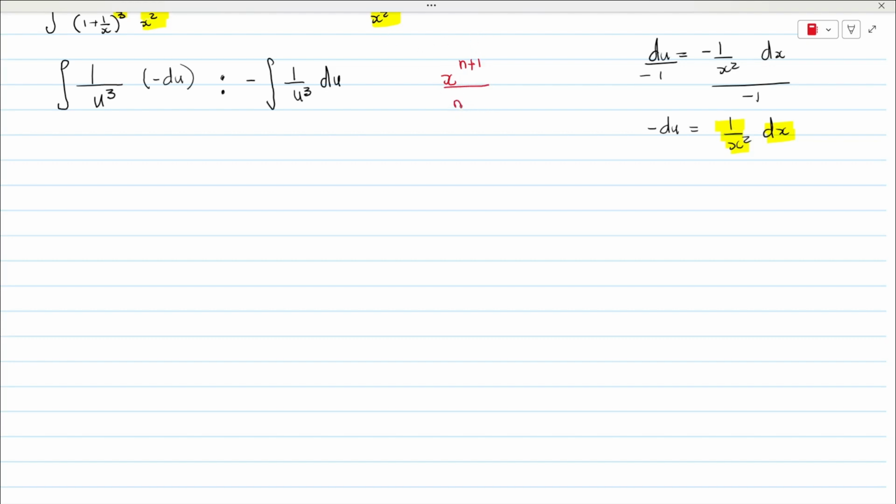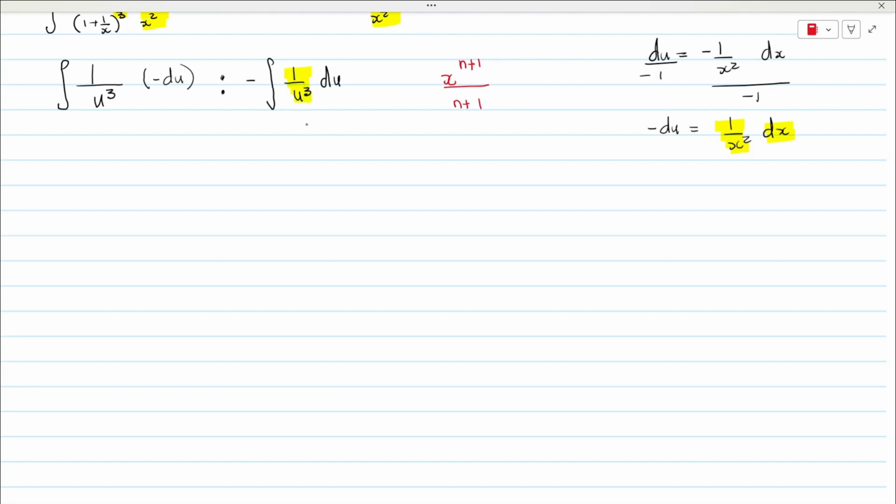The reason why I rewrite these rules is because at the exam I don't have a formula sheet. So I know that if I remember these formulas, it will be easier in the exam and I can solve my problems easier. So next, I want to evaluate this part, this 1 all over u exponent 3 expression using the power rule.